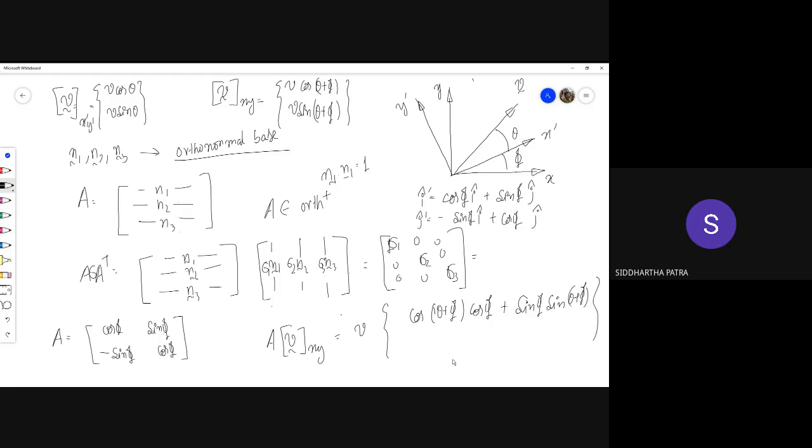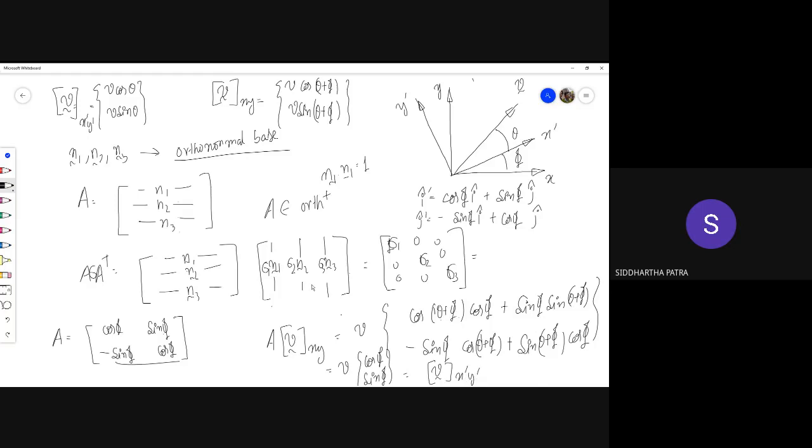And again, minus sine phi, this row and this column, sine phi cos of theta plus phi plus sine of theta plus phi cos phi, which basically means cos of theta plus phi minus phi, which is cos theta, and sine of theta plus phi minus phi, which is sine theta, which is basically v represented in the x prime y prime coordinate system.